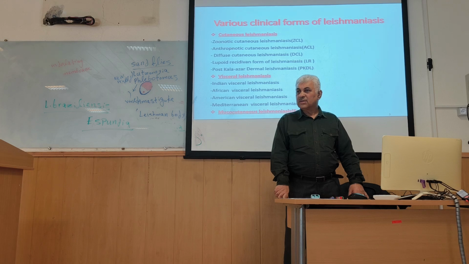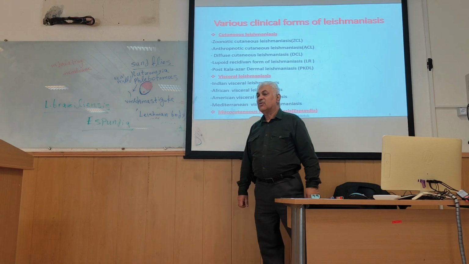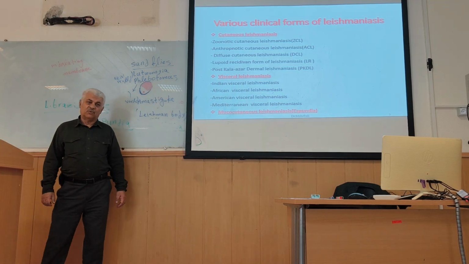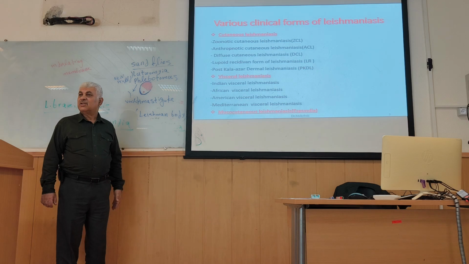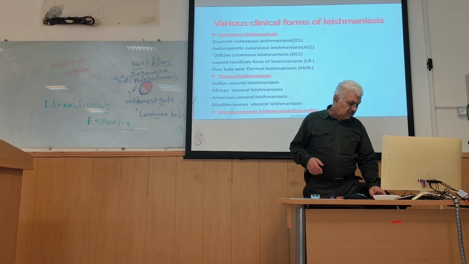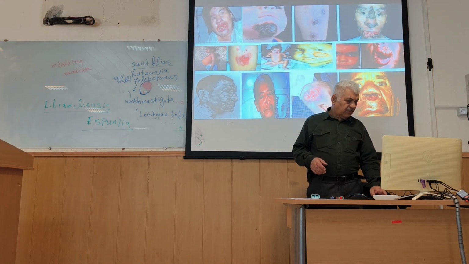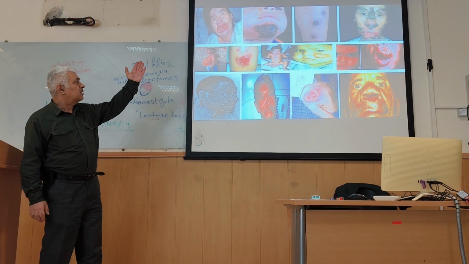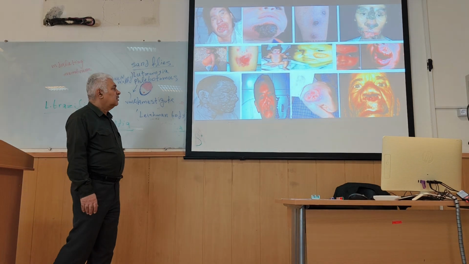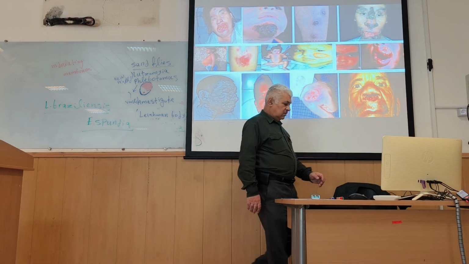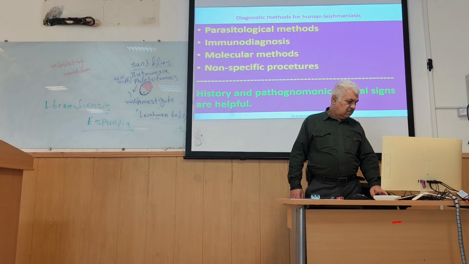Rodents, horses, and dogs are reservoir hosts, and Lutzomyia species are the main vector of this form. These are the different clinical and epidemiological forms of leishmaniasis I mentioned before, with different lesions and disease.